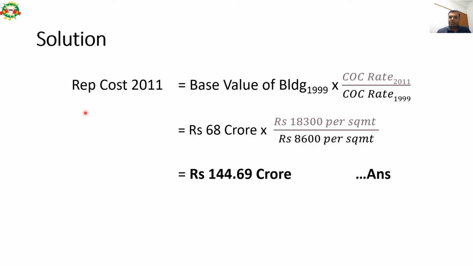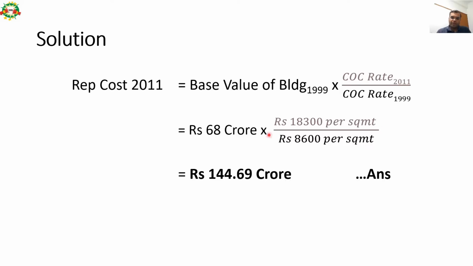So this is the formula, same formula we'll use. But in this formula, instead of CII, we have been given cost of construction rate. So these are directly proportional. So replacement cost in 2011 is equal to base value of the building, which was in 1999, multiplied by cost of construction rate in 2011 divided by the cost of construction rate in 1999.